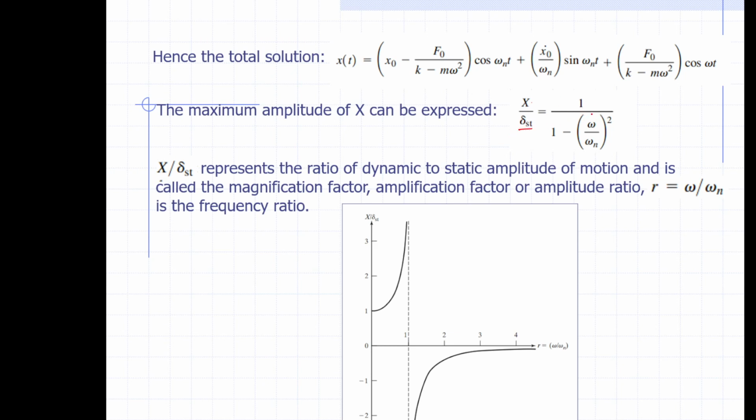The most important thing is the right hand side. You can see that when omega is close to omega n, imagine you have a pendulum that can oscillate at a natural frequency, but when the force pulls it at the same frequency, it's like a kid on a swing. If you want to swing go further and further, you must push at the same frequency, right? It goes there, comes back, and then you push it at the same frequency. Like that, the swing can go higher and higher, right? So here it's similar.